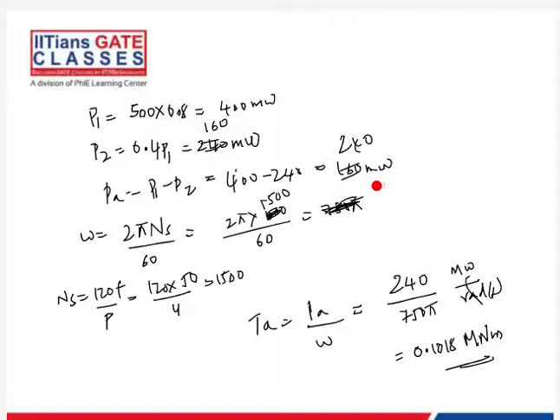Sorry, this is not 750. This is 50 pi. 240 divided by 50 pi. We get the correct answer as 1.52. My bad. 1.52 is the correct answer. Thank you.